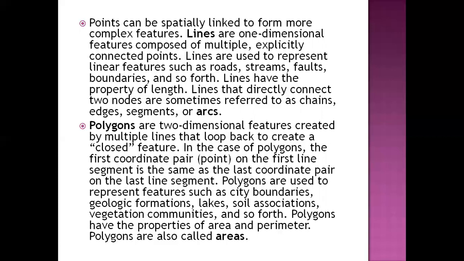Polygons are used to represent features such as city boundaries, geological formations, lakes, soil associations, vegetation communities, and so forth. Polygons have the properties of area and perimeter. Polygons are also called areas.